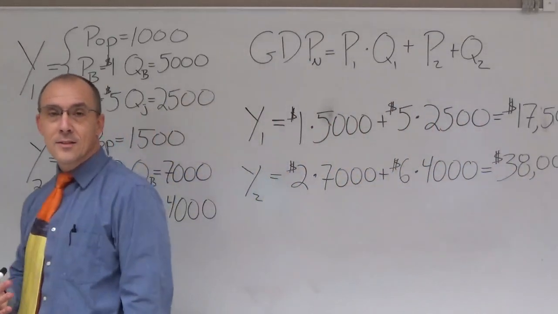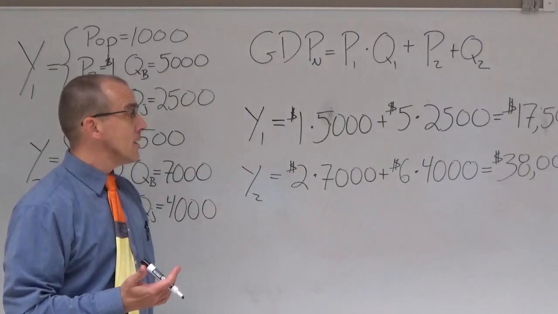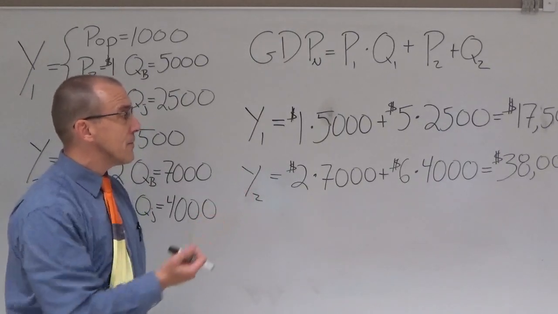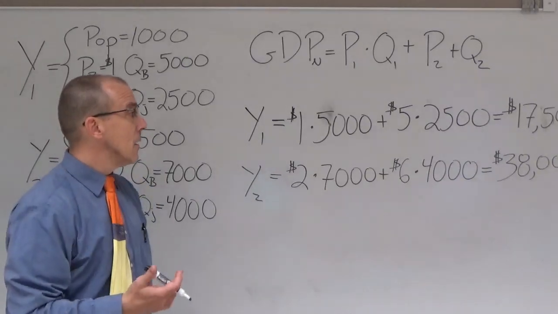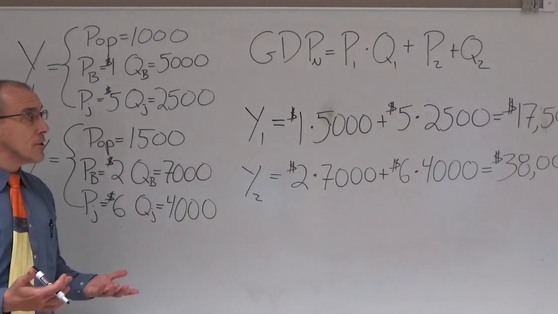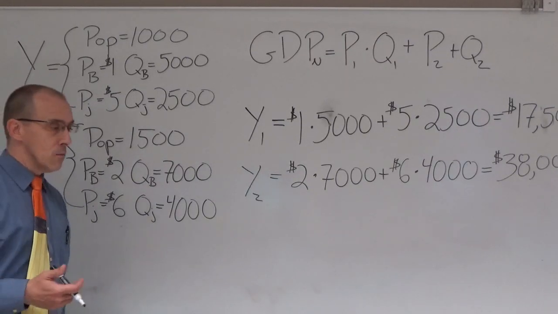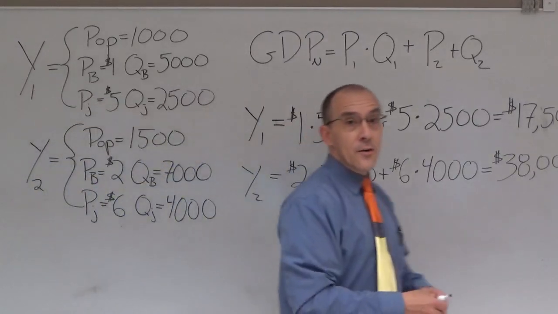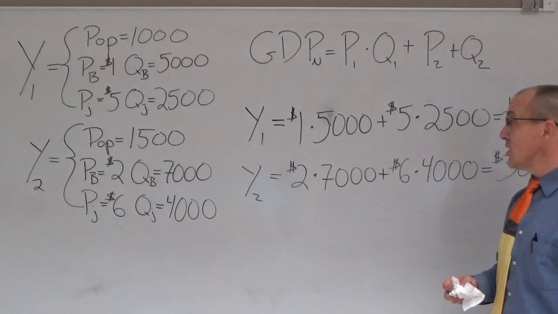And I mean, this is outstanding, right? This would be impressive economic growth for a country to go through in a very short period of time. They've gone from having a GDP of 17,500 up to 38,000. But of course, we have population issues, right? How much are the people actually doing well? Well, what we need to actually figure out is GDP per capita. Now again, we're just doing nominal GDP.